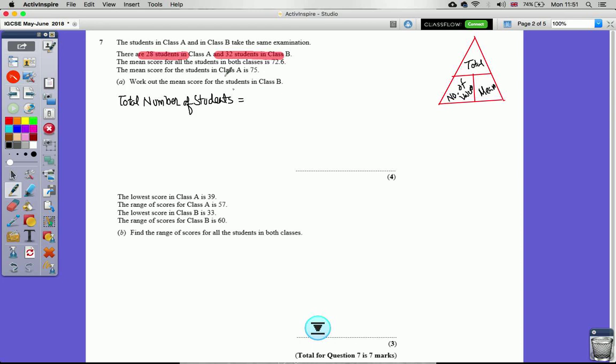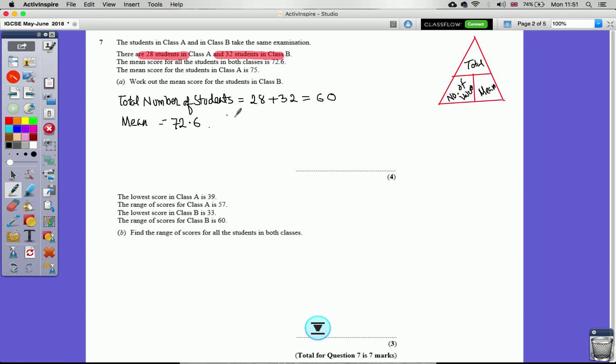is 60, and their mean is 72.6. So what was the total score of those 60 students?